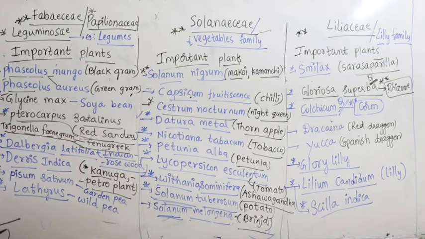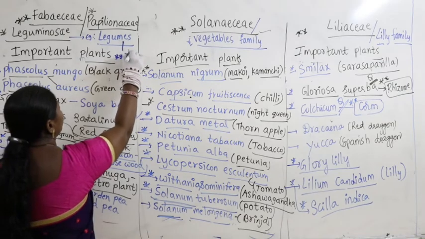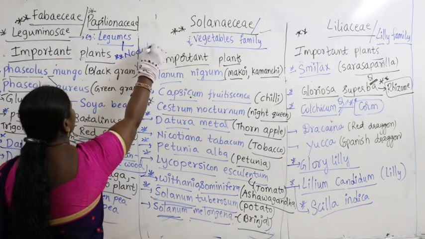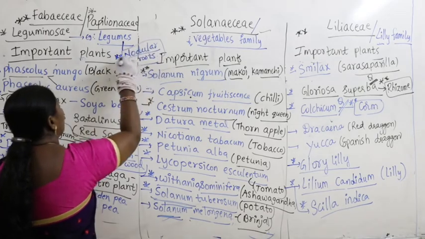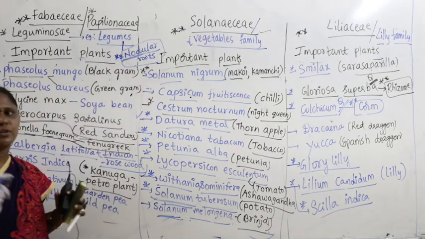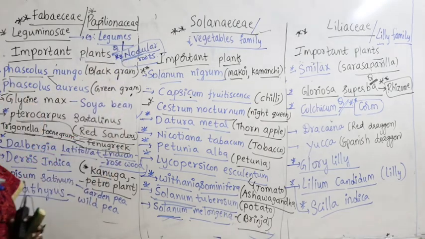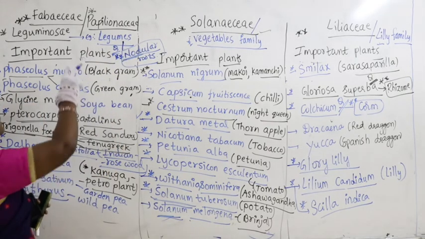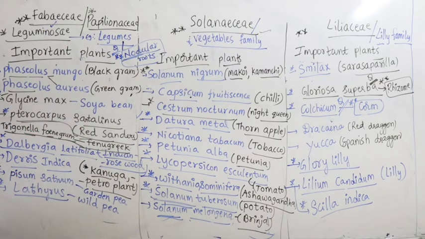Okay, and the type of root you find in Fabaceae, mostly legume means immediately you have to remember nodular roots. Suppose you get the question about the type of root modification most commonly found in the members of Fabaceae, then it comes under nodular roots, right.